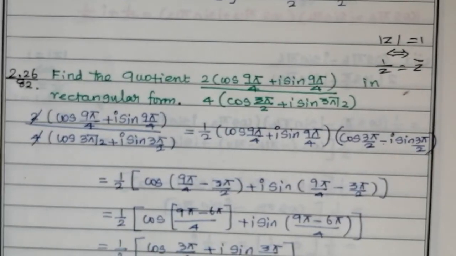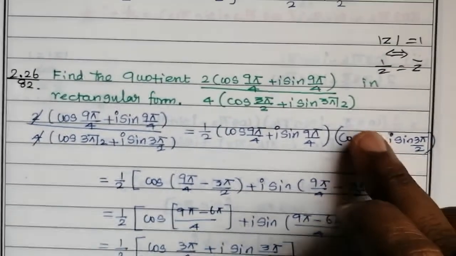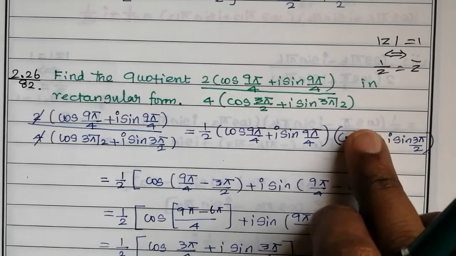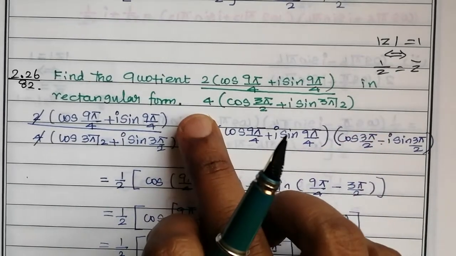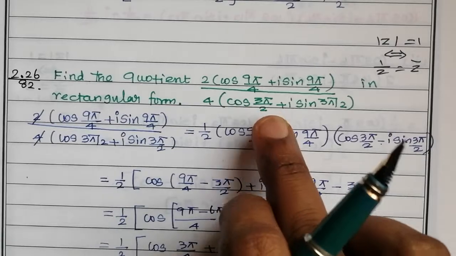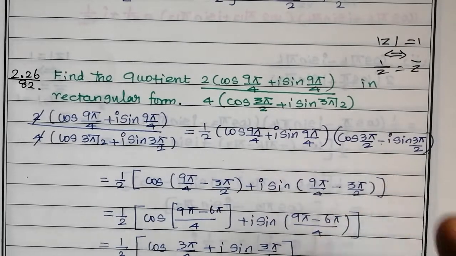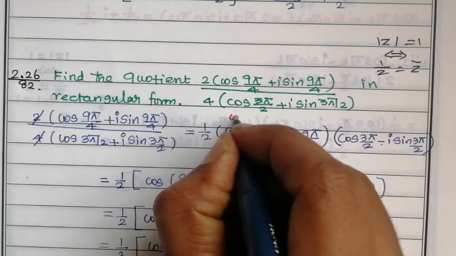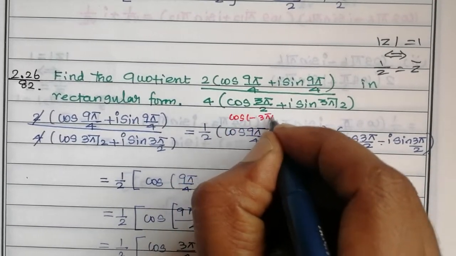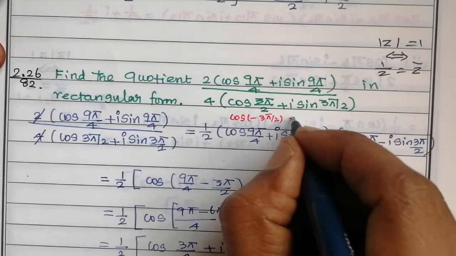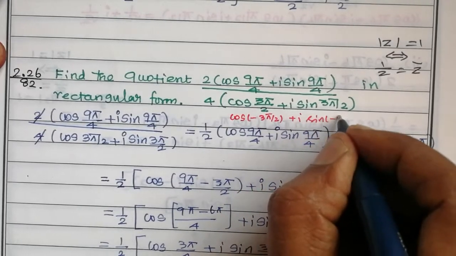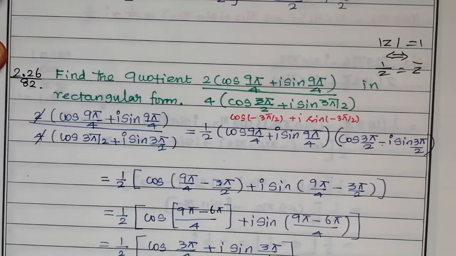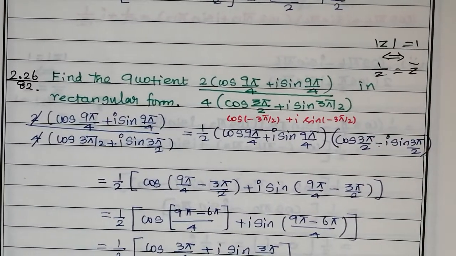quotient of 2 into (cos of 9π/4 plus i into sin of 9π/4) divided by 4 into (cos of 3π/2 plus i into sin of 3π/2). Suppose we take here minus, that is cos of minus 3π/2 plus i into sin of minus 3π/2.